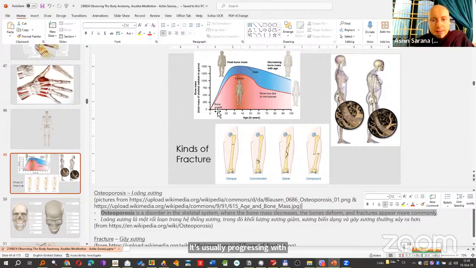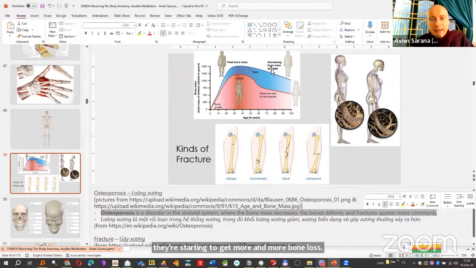So the males will have strong bone growth, and usually their bones are pretty good throughout their life. For ladies, starting from about 55 years, they're starting to get more and more bone loss, so they need to be more careful.